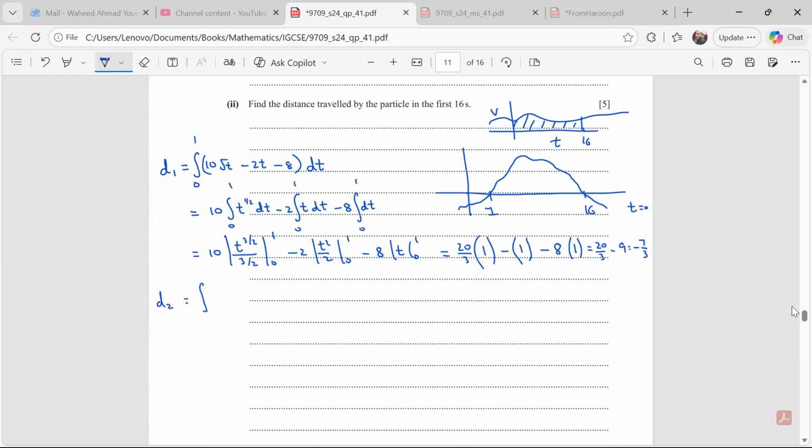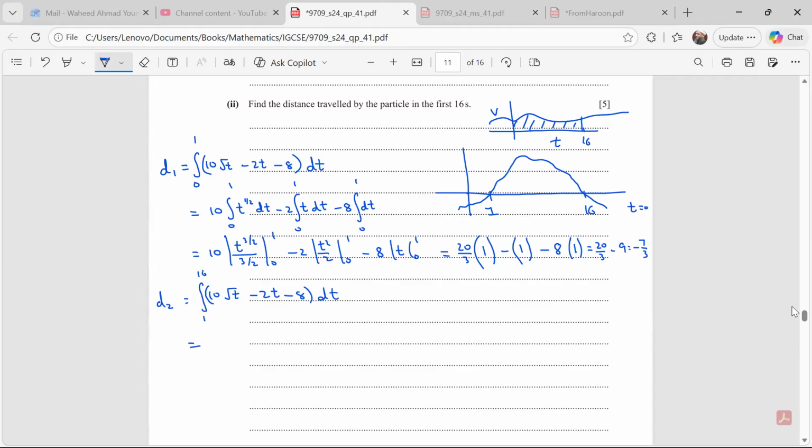d2 is the integral of the same expression, 10 under the root t minus 2t minus 8, dt, and now I have to do it from 1 to 16, right?